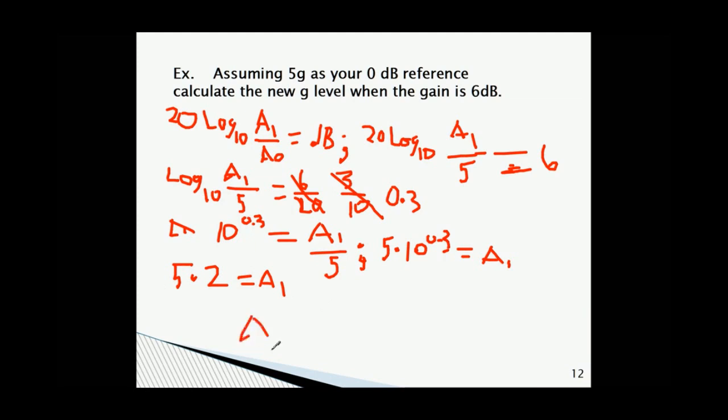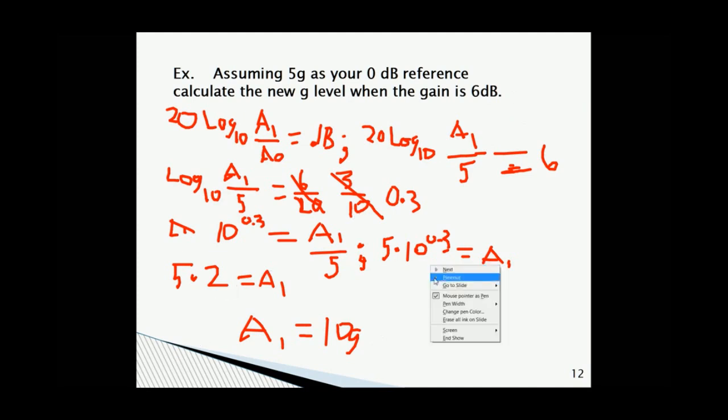Therefore, A1, our response, is equal to 10 Gs. So when you have a 5G input and a gain that is 6 dB, your response will be 10 Gs. So when you have a 6 dB level, it is estimated that you have a power factor of 2.